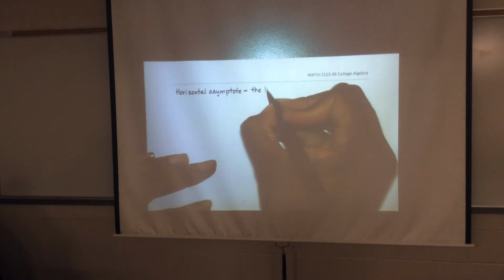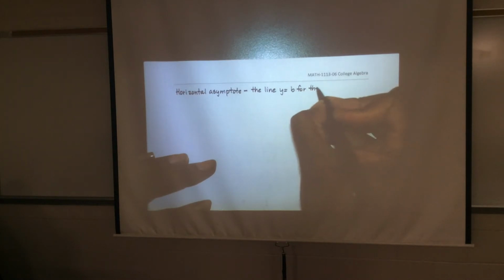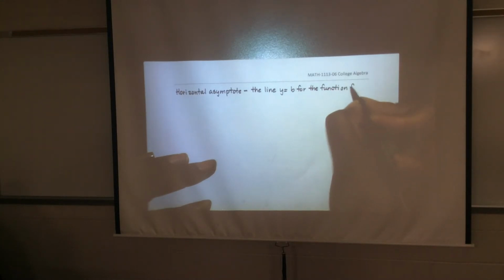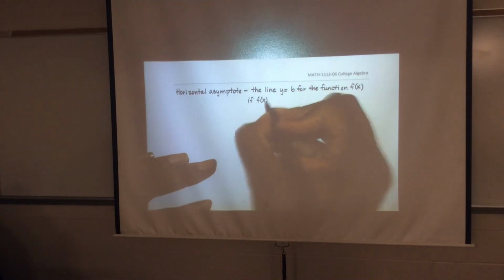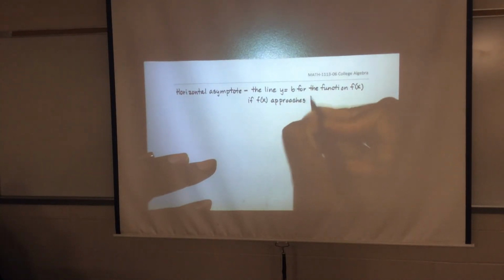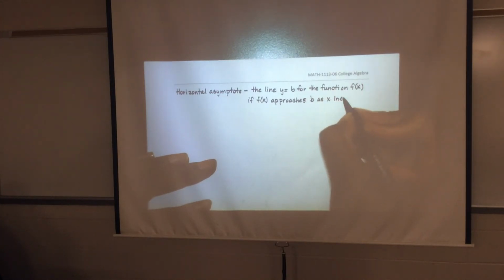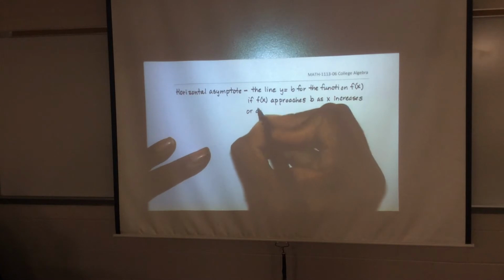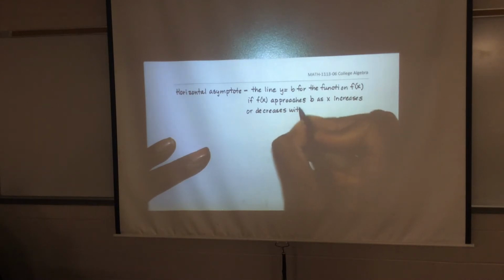That's going to be the line y is equal to b for the function f of x if f of x approaches some constant b as x increases or decreases without bound.